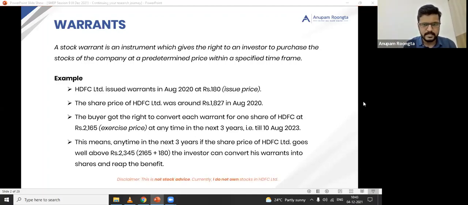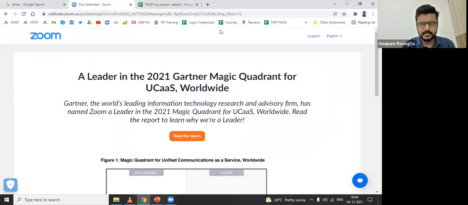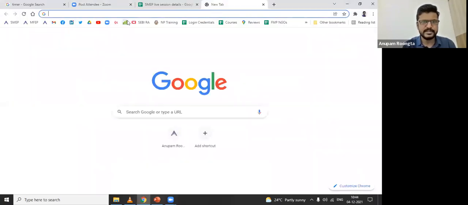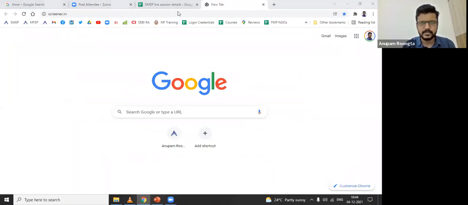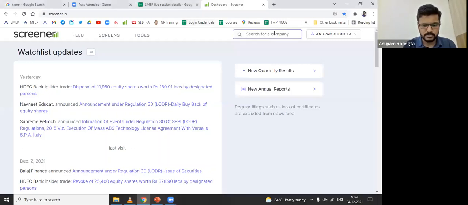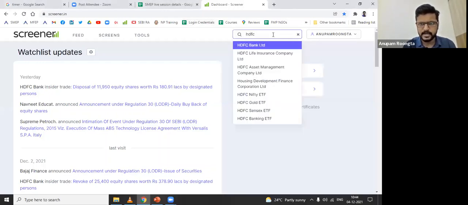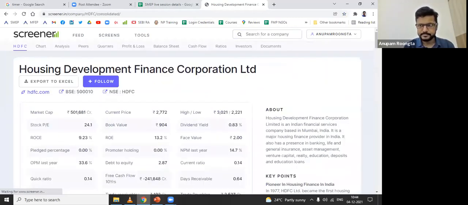Right? Now let's do one thing. Let's go to Screener and check how the share price of the company moved after August 2020. Did it cross? When did it cross 2345? Because we are in a bull market, I'm sure it would have crossed. HDFC.